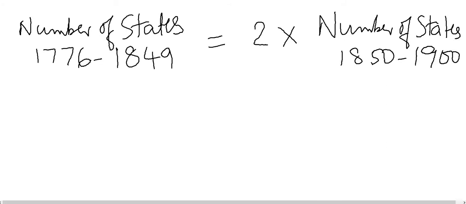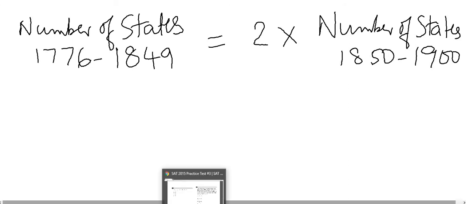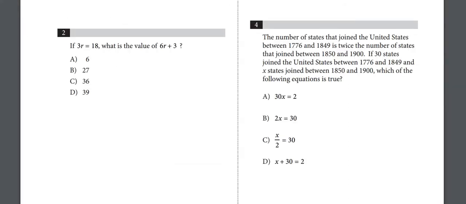Right, so that's the first statement. So number of states is equal to twice the number of states for this different date range. So we got that equation down based on this first statement.